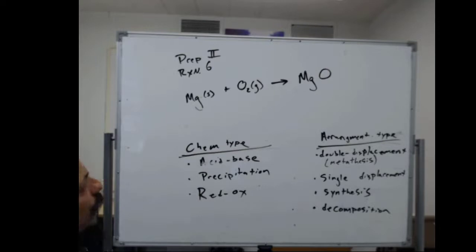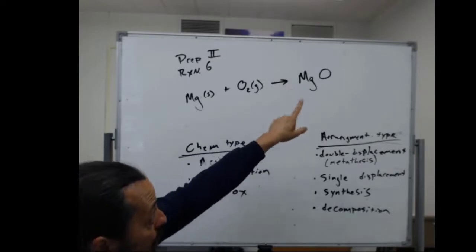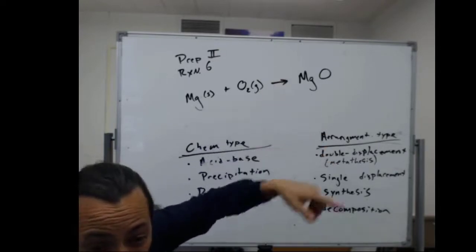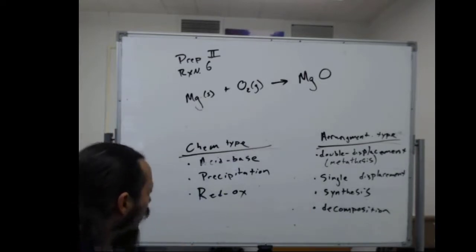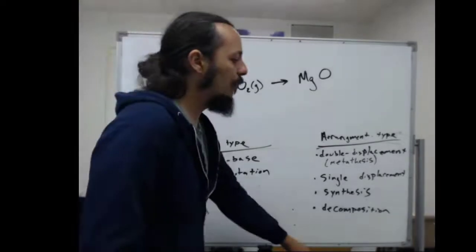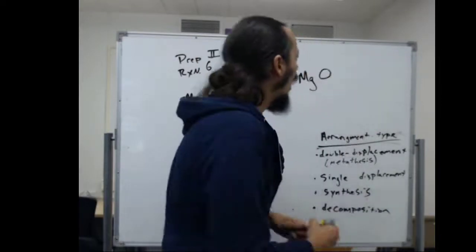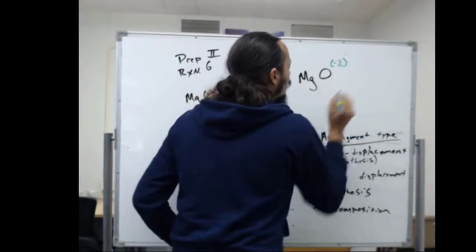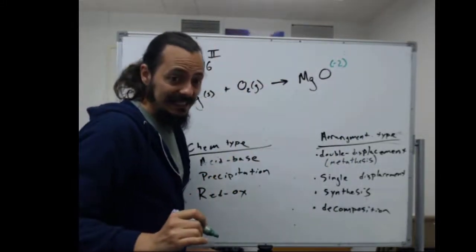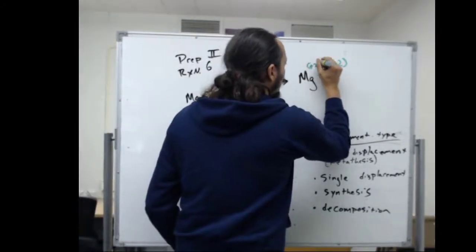Before I get too far ahead of myself, I want to make sure I'm making a good compound. So should it be MgO2? Should it be Mg2O? Should it be Mg3O2? What's the proper ratio of charges in order to make this a good compound? For that, we need to know that from the periodic table, the common charge of oxygen is? -2. The common charge on magnesium is? +2.